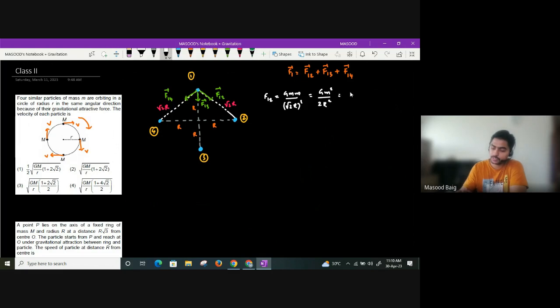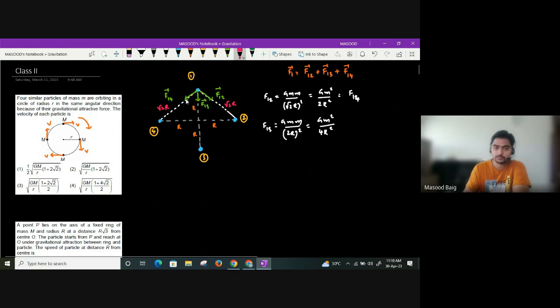Now the same will be the magnitude of force on 1 due to 4, guys. So what is force on 1 due to 3? You will get G m m divided by the separation between the masses, 2r whole square. So we get G m square divided by 4r square. Yes or no, everyone?